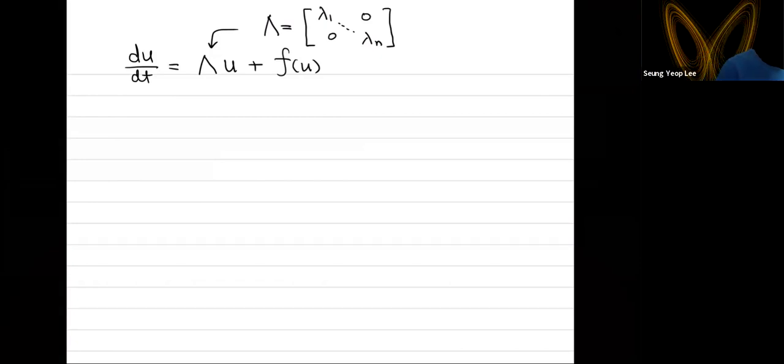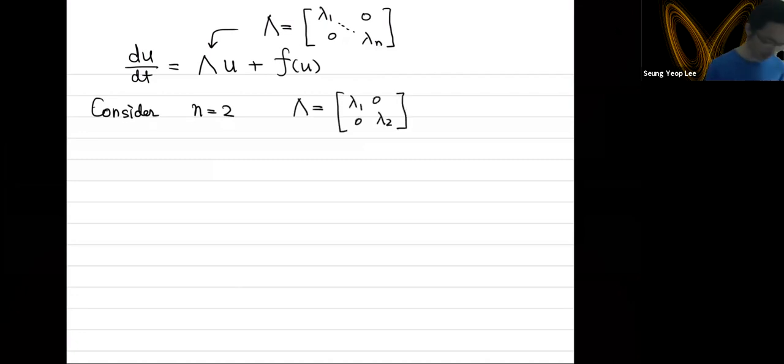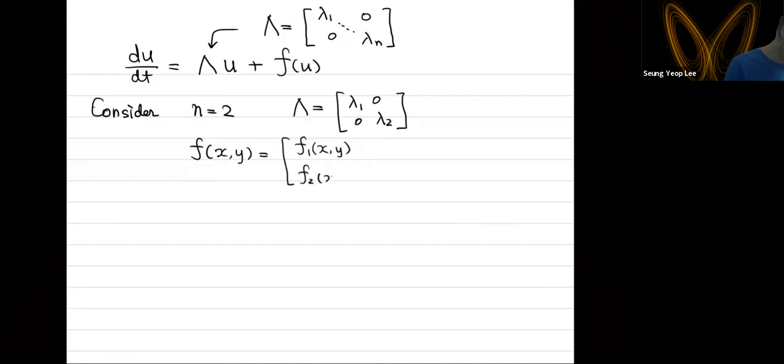And first, consider the case n equals 2. So Lambda is lambda 1, lambda 2. And f of u is therefore, let's write f of u also as f of x, y. It's two components, this one and this one.